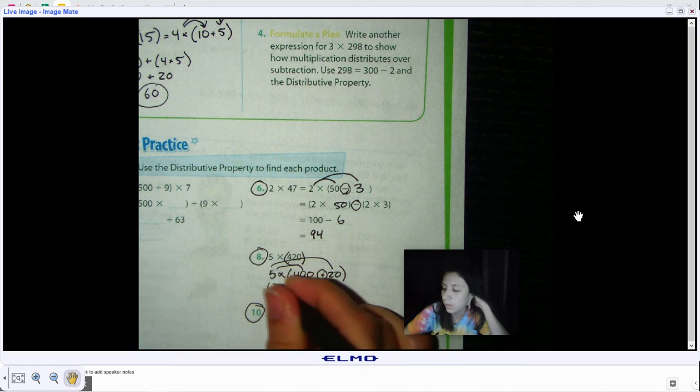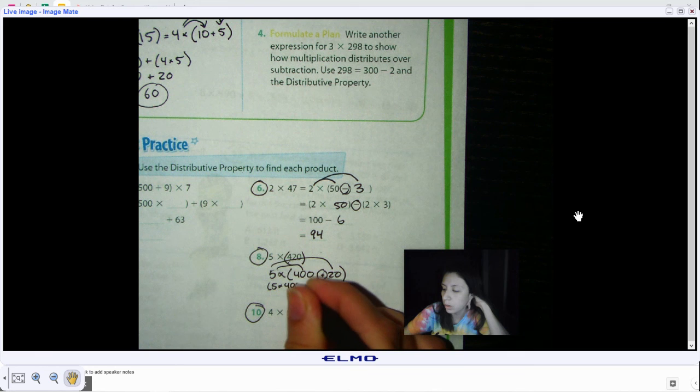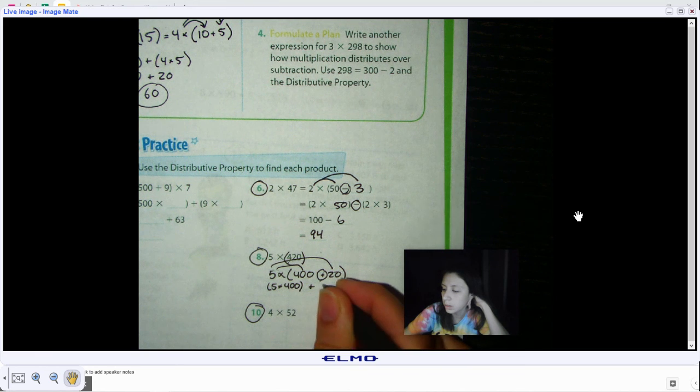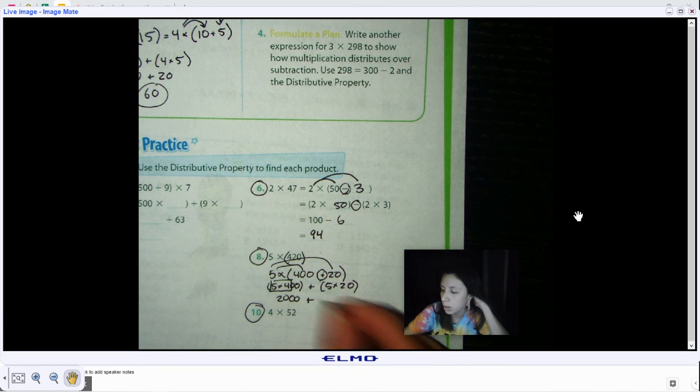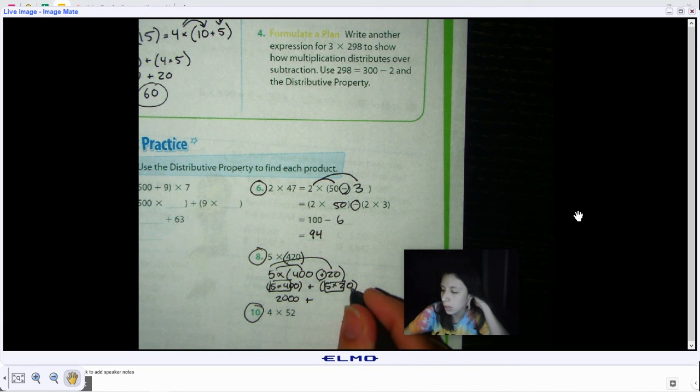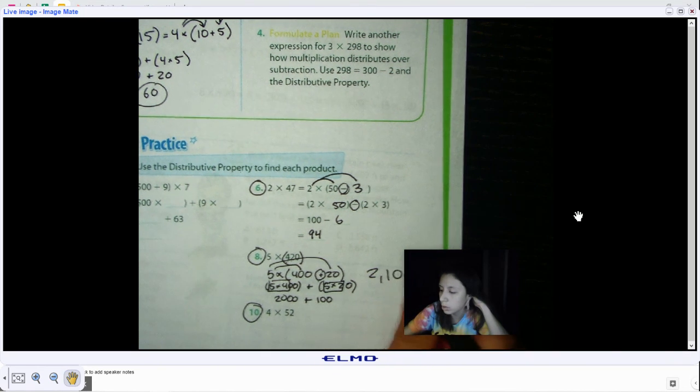Okay, so I should have 5 times 400 plus 5 times 20. And we're going to do the boxing just like we did yesterday. 5 times 4 is 20, plus 2 more zeros, plus 5 times 2 is 10, plus 1 more 0. So 2,000 plus 100 is going to be 2,100 should be your answer.